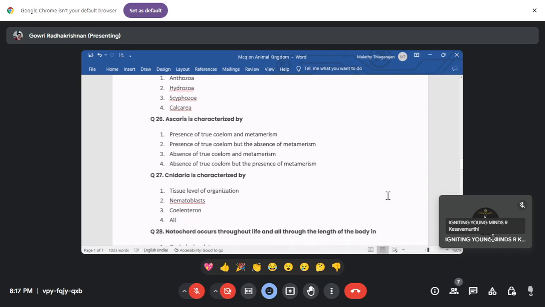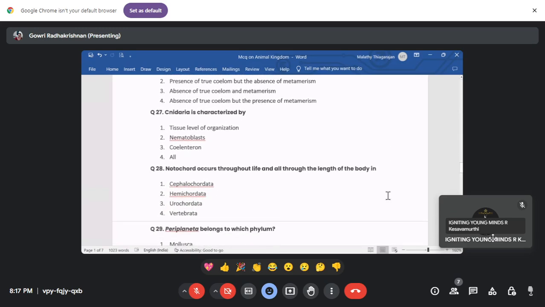Ascaris is characterized by absence of true coelom and metamerism. Cnidaria is characterized by? Nematoblasts, ma'am. Tissue level organization is there, nematoblast is there, coelenteron is there.